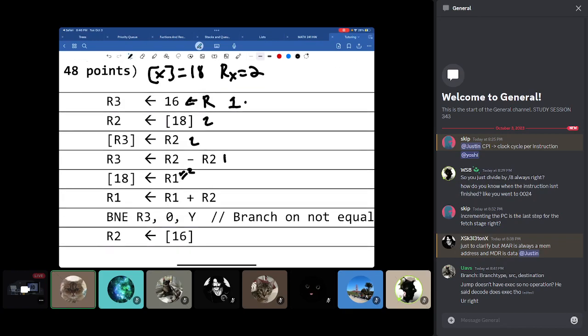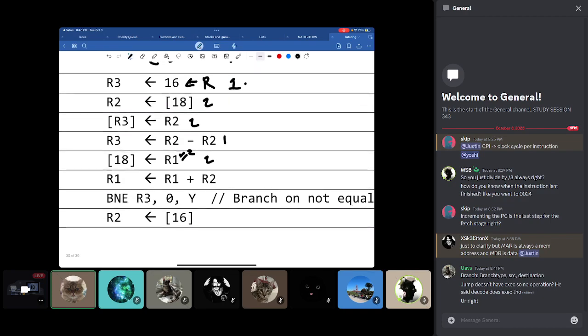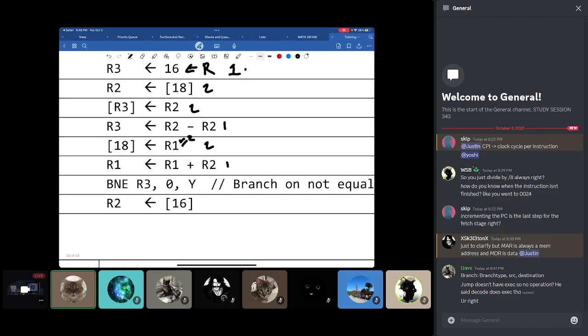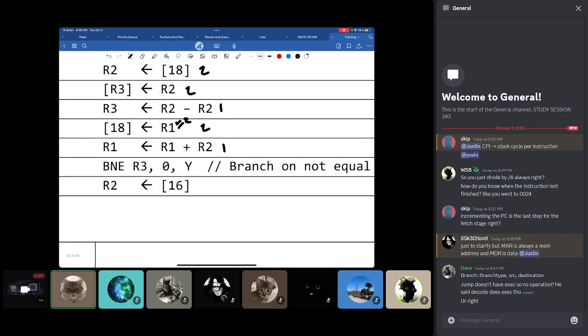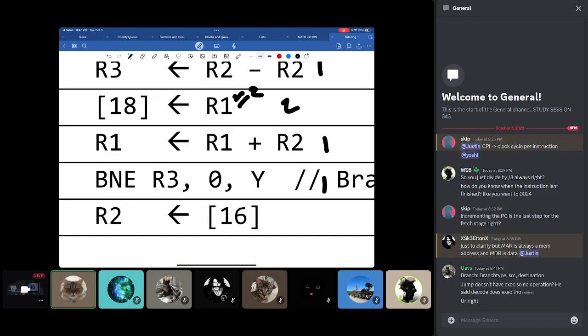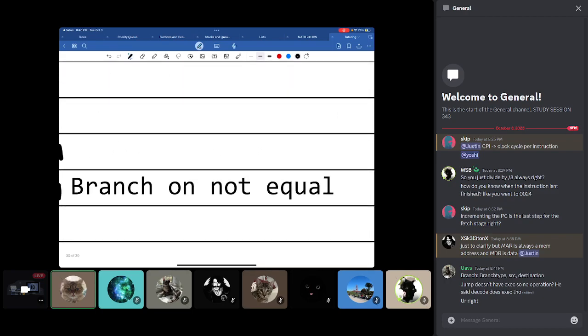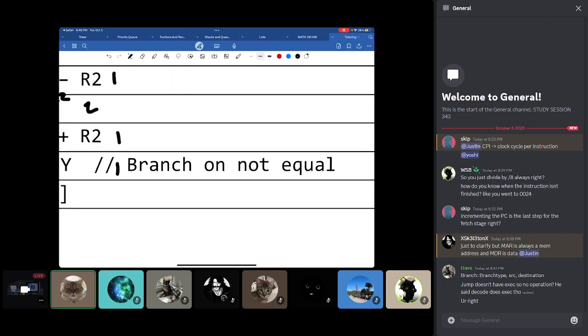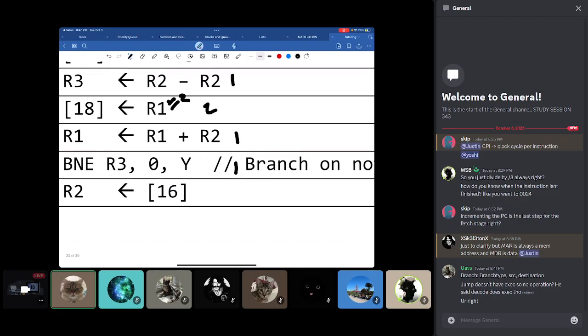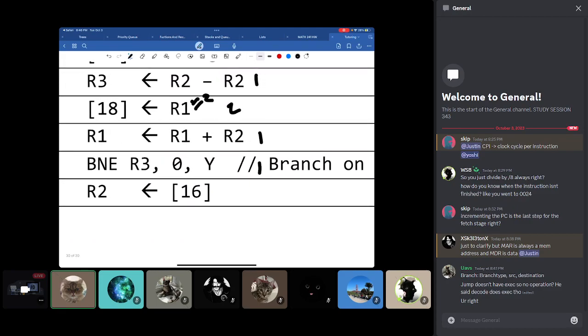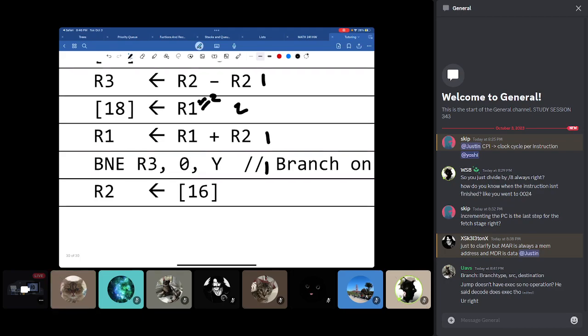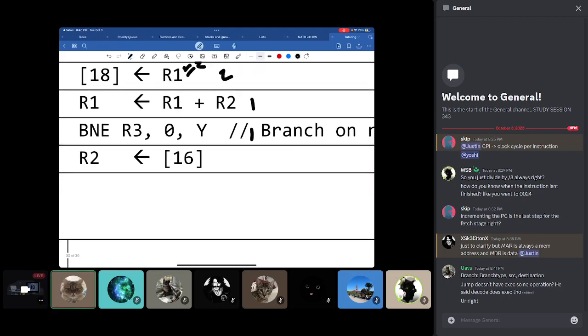This is 1 because it's an R type. 2 because it's a store type. 1 because it is an R type. 1 here because it is a branch. And know that it says branch on equal, he will provide what it is here as well. But just know that branch on equal is BEQ and branch on not equal is BNE. And then this is another load type that is 2.